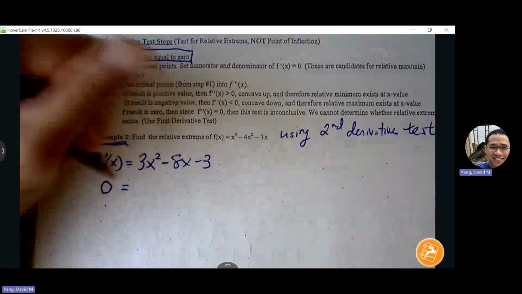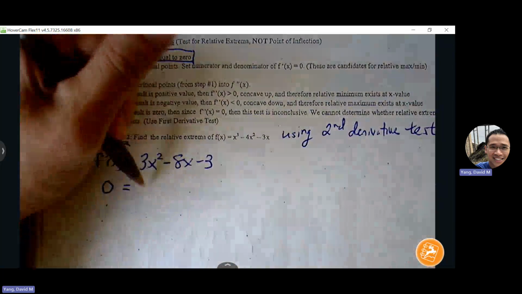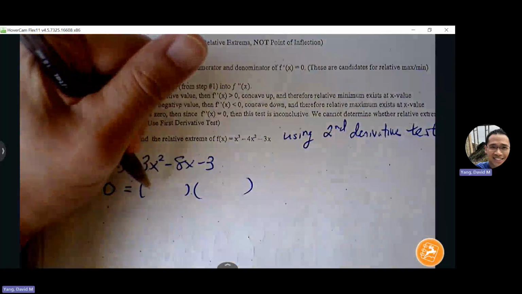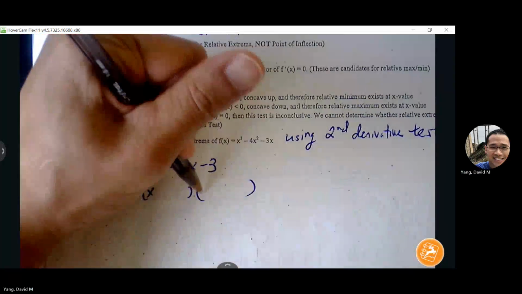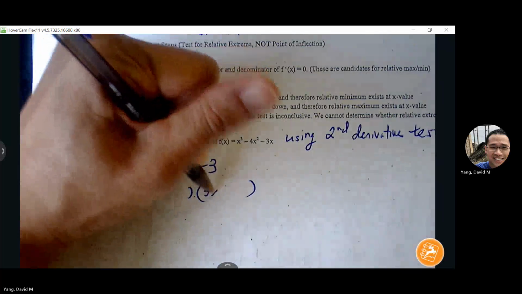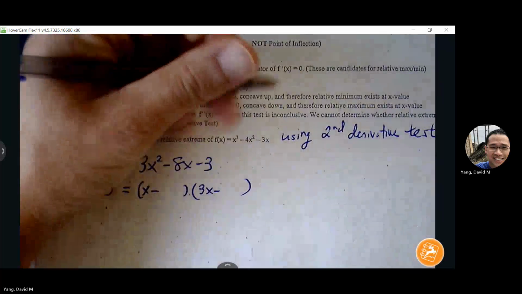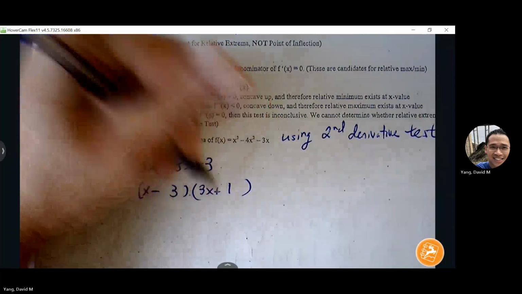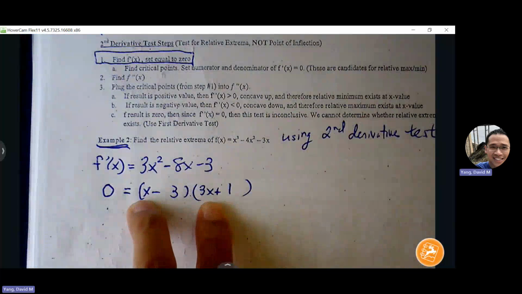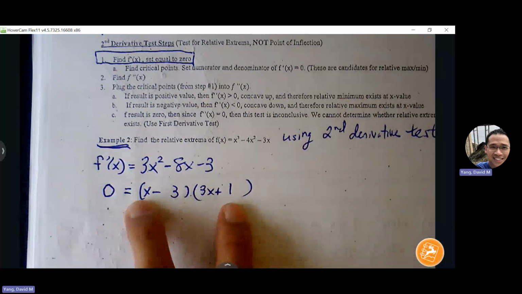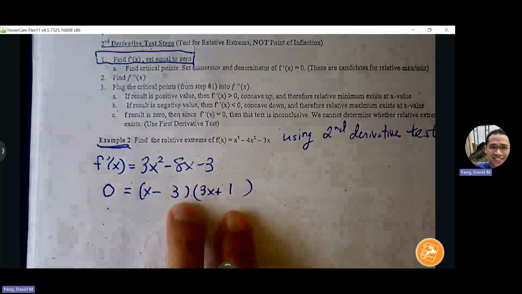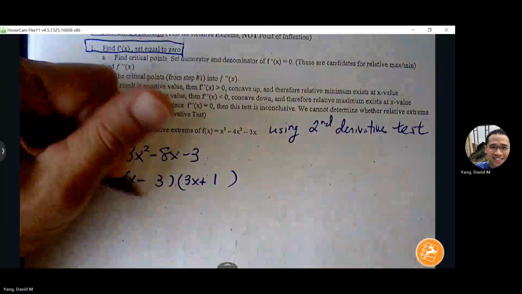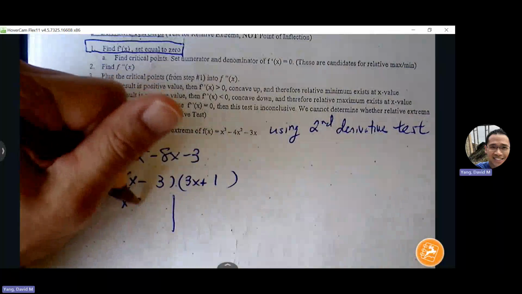Okay, so here there's no GCF, but I can factor here, multiply to be -9, add to be -8. Okay, let's double check here. 3x squared minus 9x plus 1x. That's -8x minus 3. So I have my two critical points here. I'll set both equal to 0.